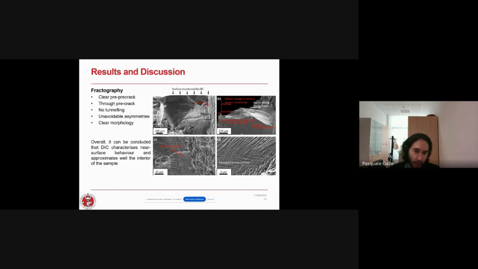We decided that for our subsequent analysis, we would only consider the fatigue rate until that point. The specimen failed right after that, so it was reasonable. Overall, I think the DSC characterizes well the near surface behavior, and maybe it could also approximate the interior of the sample, even though it's always challenging with this kind of phenomenon.